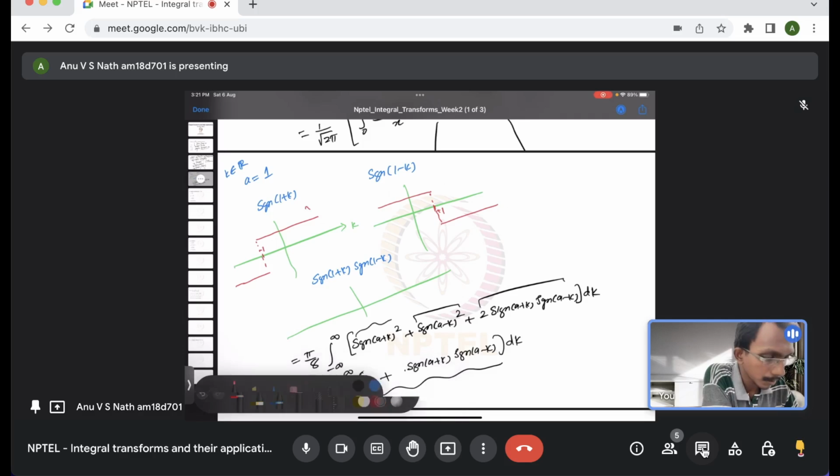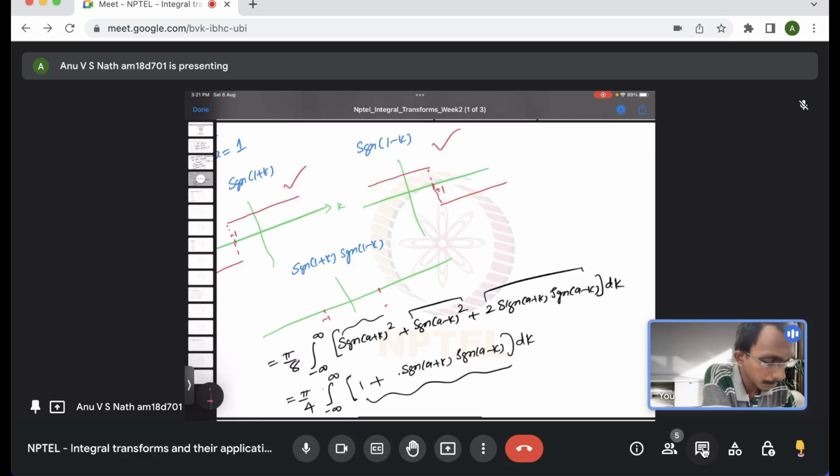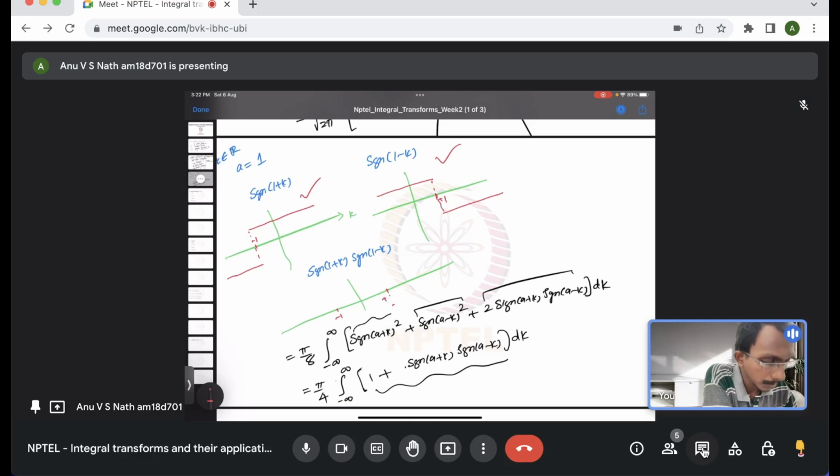So on the left we have this function and on the right we have this function. We just take the product. The points minus 1 and plus 1 are the locations where the sign changes are happening. So before minus 1, sine of 1 plus k is actually negative 1 and sine of 1 minus k is actually positive 1. So their product will be negative 1.